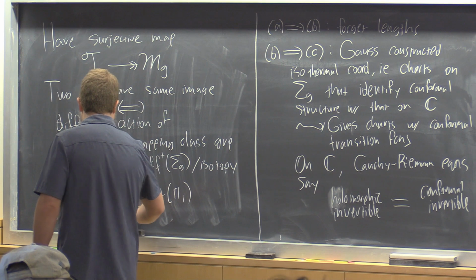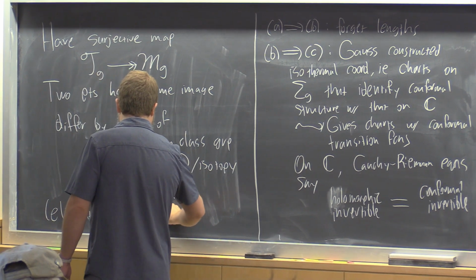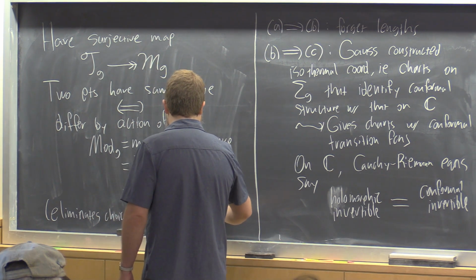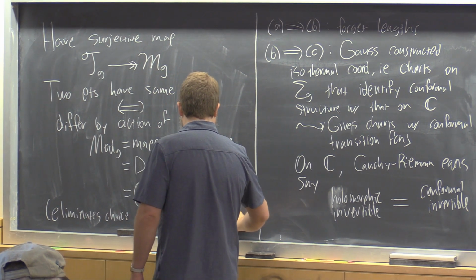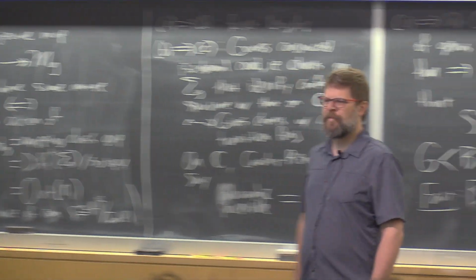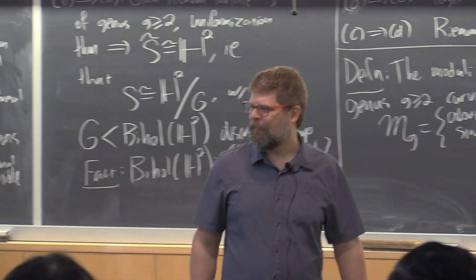The choice of isomorphism from S to the image of phi is what we're quotienting out.